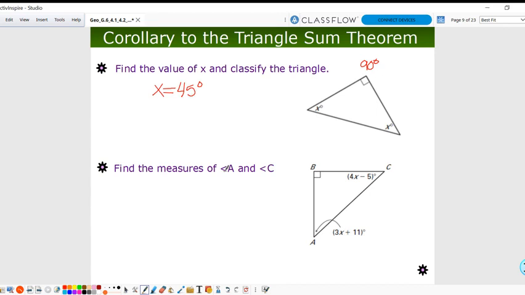Find the measure of angle A and angle C. Again, we know this is 90. So the measure of A plus the measure of C will also equal 90. So we'll go ahead and add these two angles together and set it equal to 90 degrees.